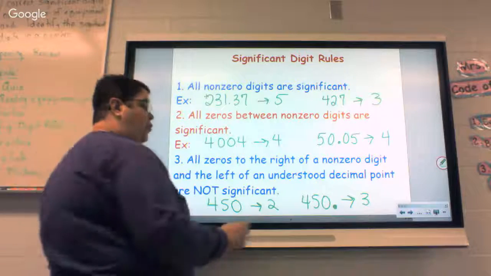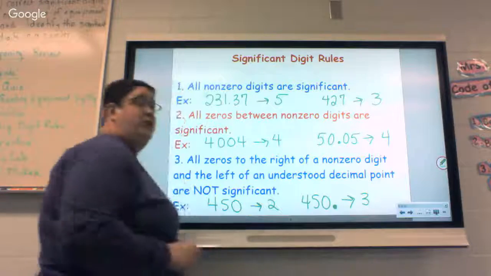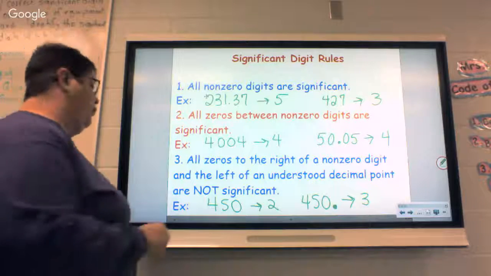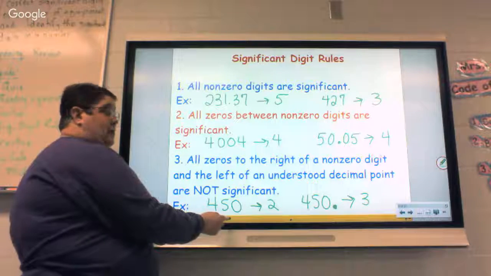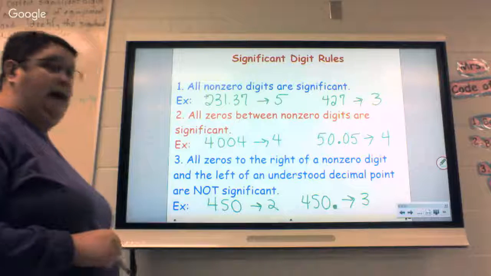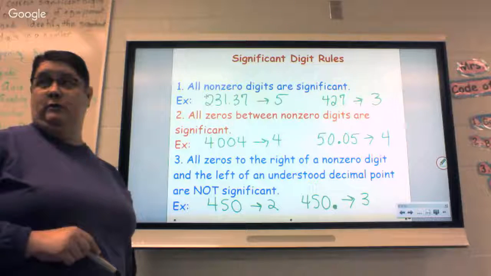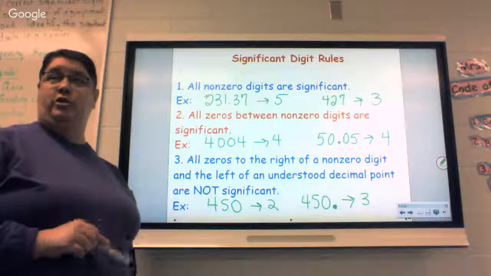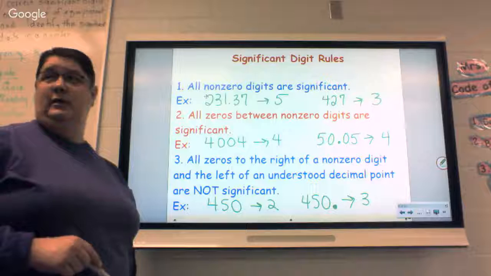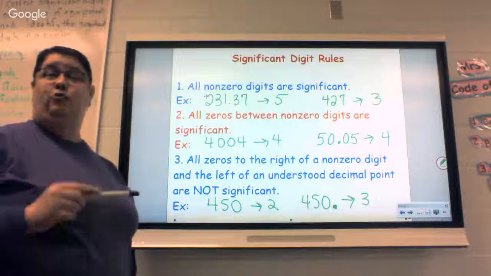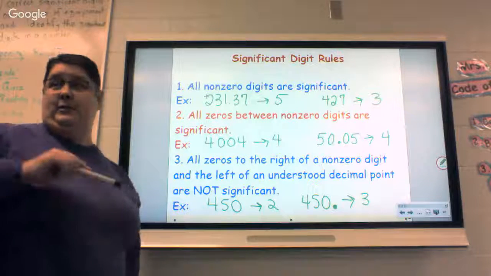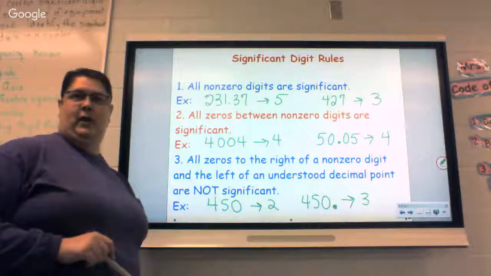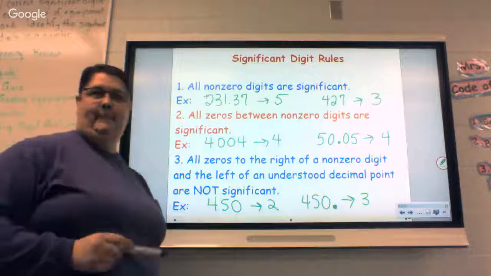And if we write the decimal in, we assume that we measured it to that decimal place. But if we don't, we assume it's been rounded and it's not significant. That's the reason for it. So if it's an understood decimal and it's not written, it's not significant. If it's written there, it is significant. Everybody with me? Okay.